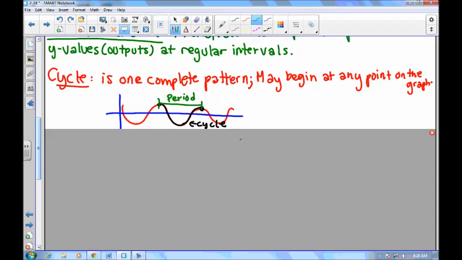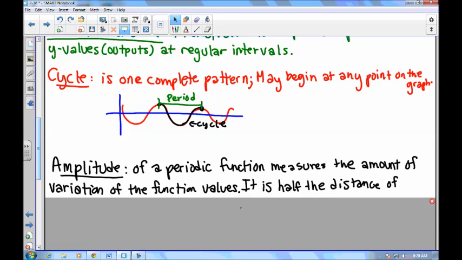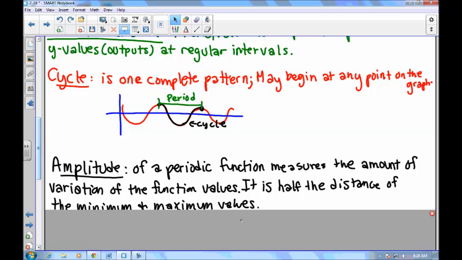Okay? Does that make sense, the difference between cycle and period? We're going to be calculating a few of these, so hopefully it will get ingrained more.